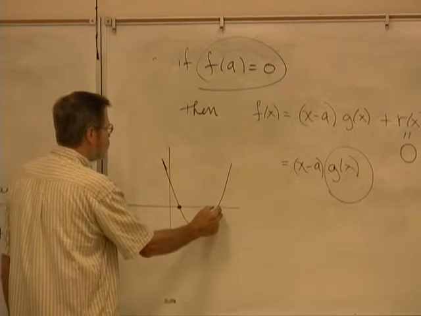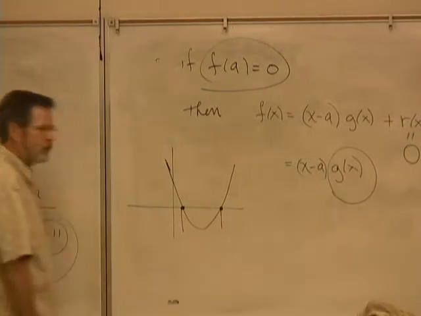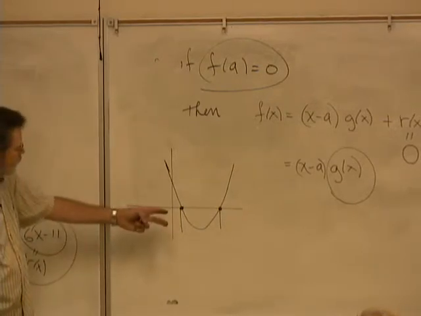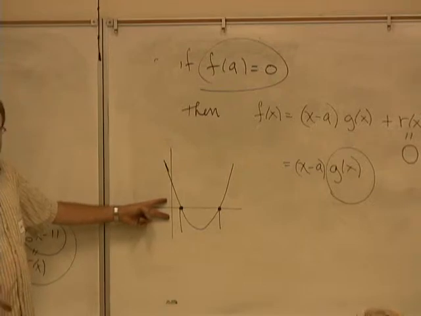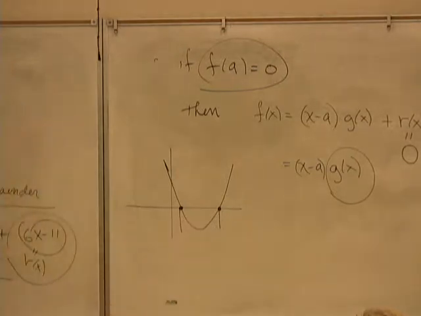The roots of this parabola are values of x which make it equal to 0. If I have an expression for this parabola, I'll use a quadratic formula if necessary, if I can't factor it or some other technique, in order to find out what the values of x are that make this equal to 0. Okay? So you put 1 in for x and then it becomes 0. And that's why it's the root.